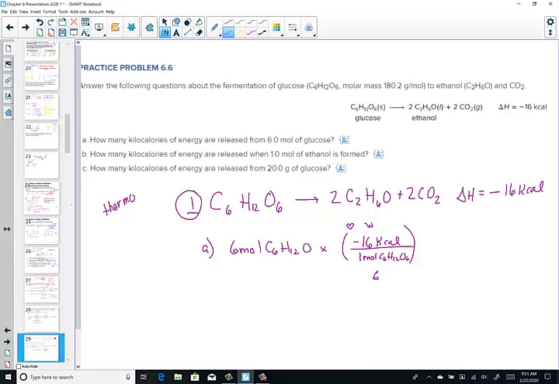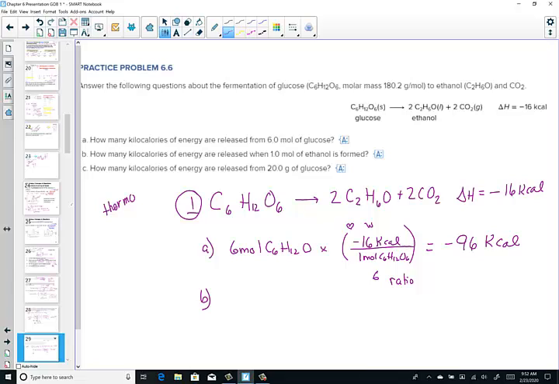So your ratio here, your want over given ratio, kcals per mole. The coefficient of glucose happens to be a 1. So here I'll hit 6 times negative 16, and I find negative 96 kcals. Does that match your paper? I bet it does. You're doing great work.